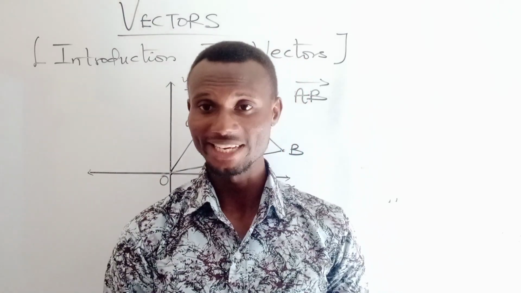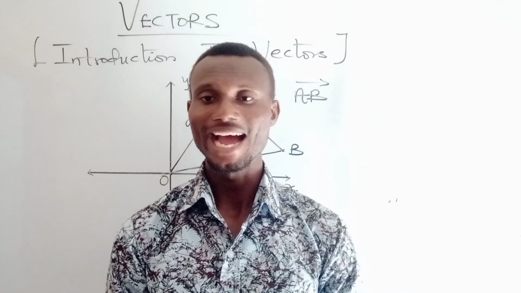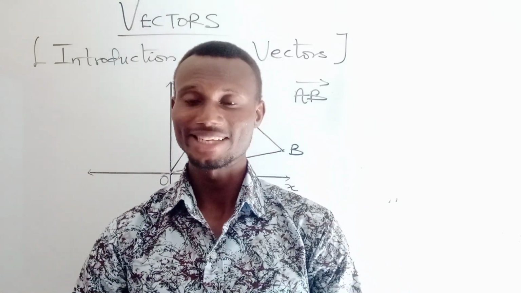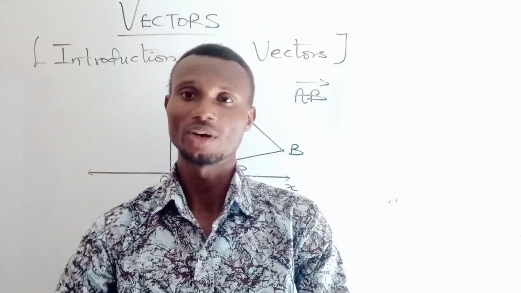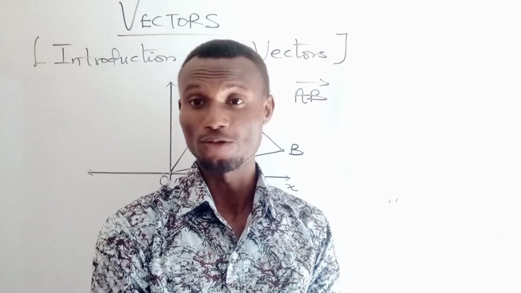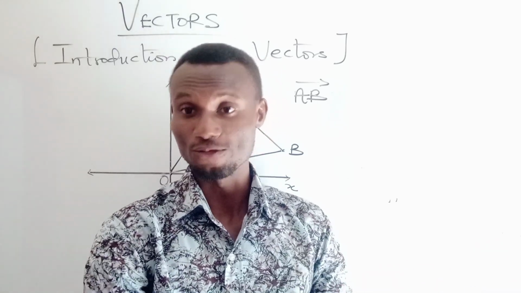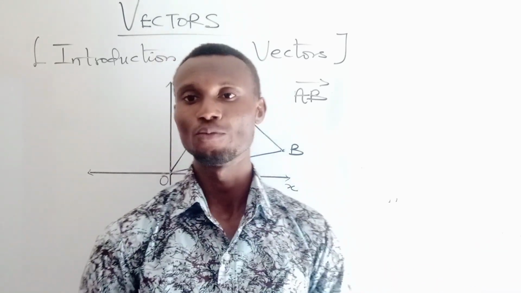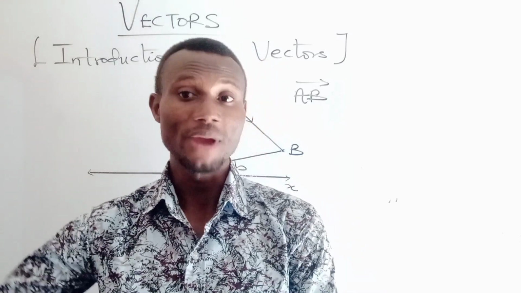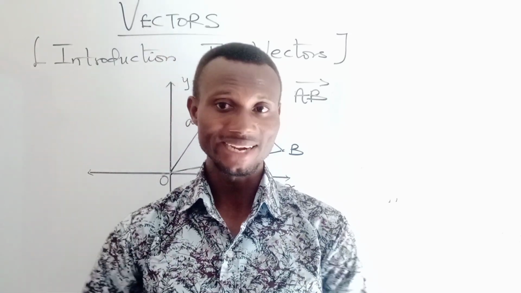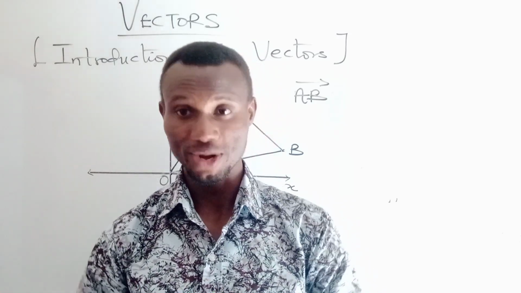We've also looked at representing vectors in the component form, or the column form. Component form or column form is the same thing. The magnitude and bearing form, I'll tackle later when I teach you bearings.